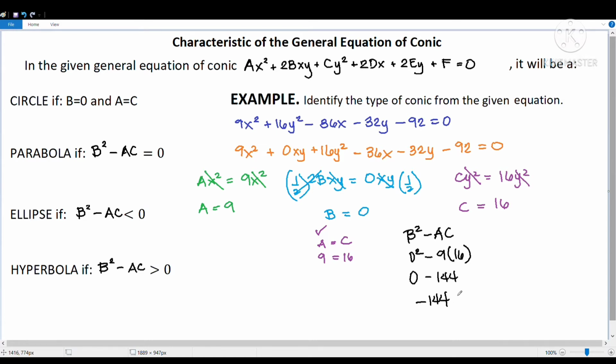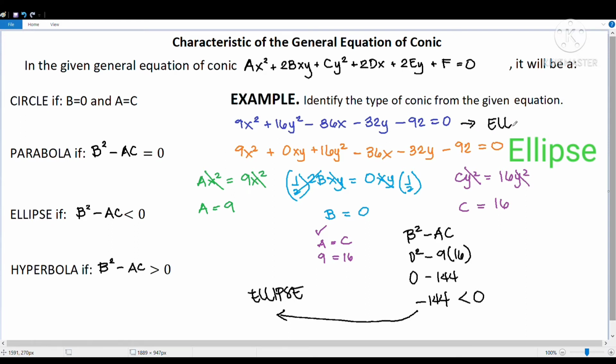If this value is less than 0, then it is an ellipse. If this value is greater than 0, then it is a hyperbola. Now comparing this to 0, negative 144 is less than 0. Therefore, this is an ellipse. The type of conic of the given equation here is an ellipse.